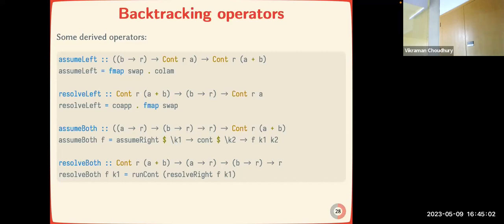You go along one direction, but you realize that something is wrong. So you swap and go back, and then you go down again. That's the intuition of these combinators: assume left, right, resolve left, right. And then there's a way to run the whole computation by plugging in the two continuations for A2R and B2R.